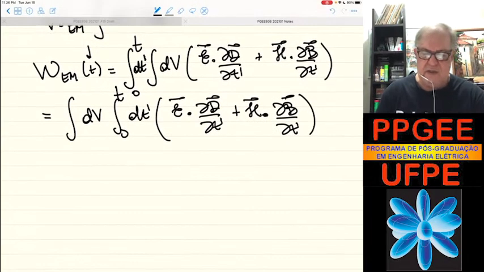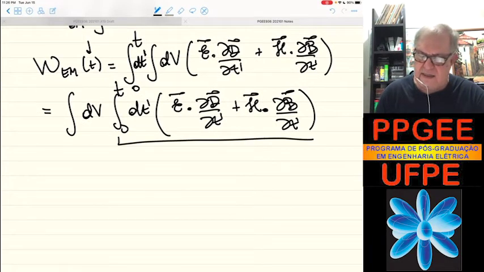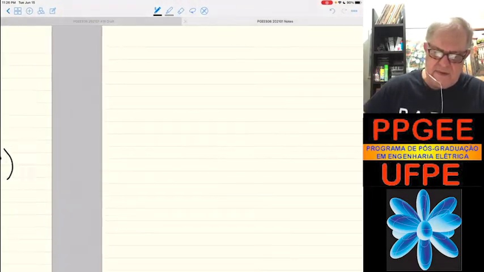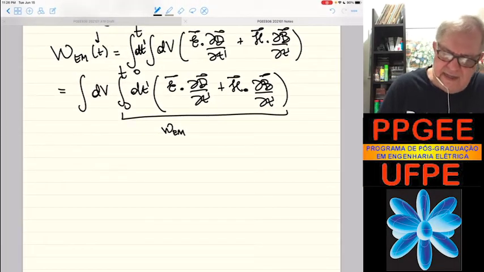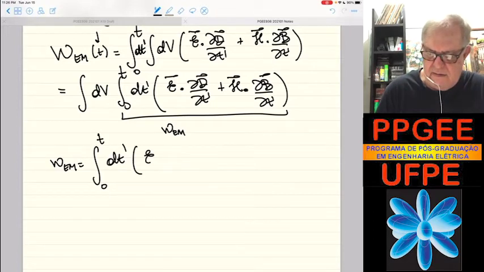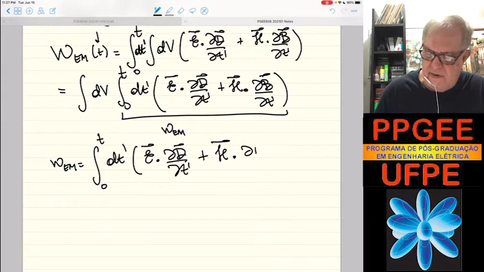So this is an energy density, the lowercase electromagnetic energy density. So that's simply equal to the time integral of E dot dD/dt prime plus H dot dB/dt prime, right?